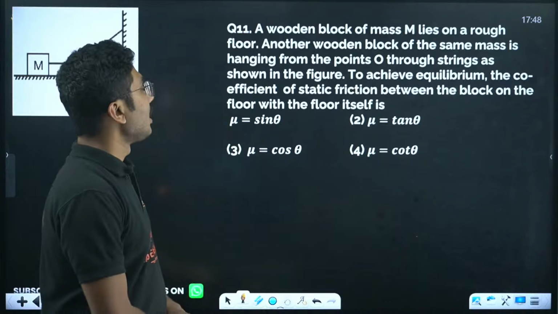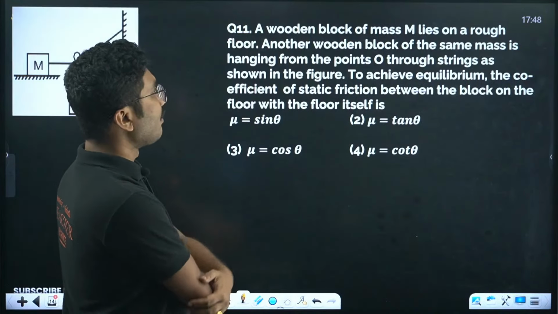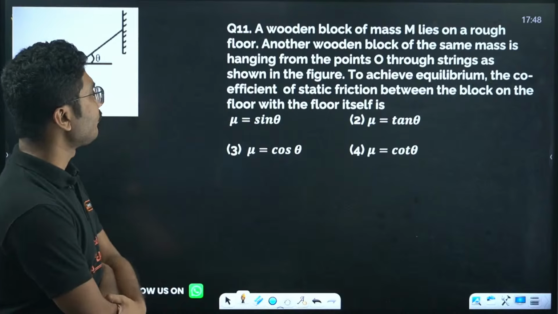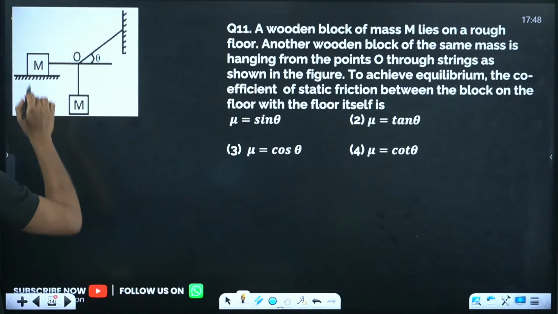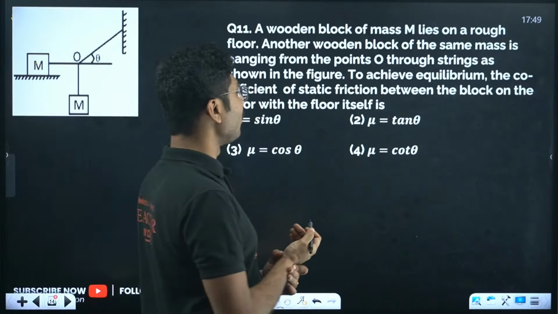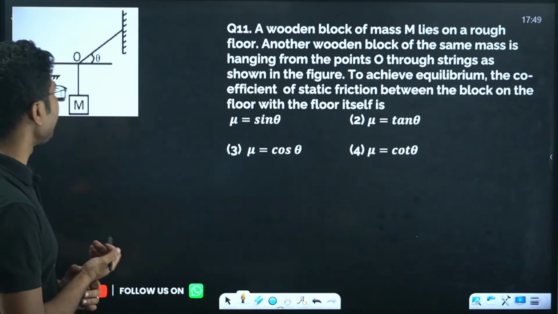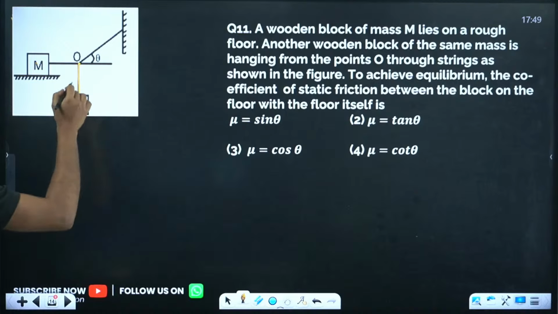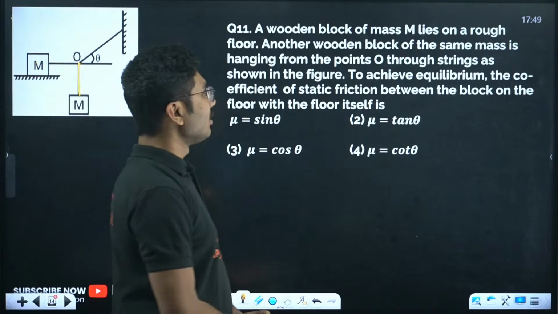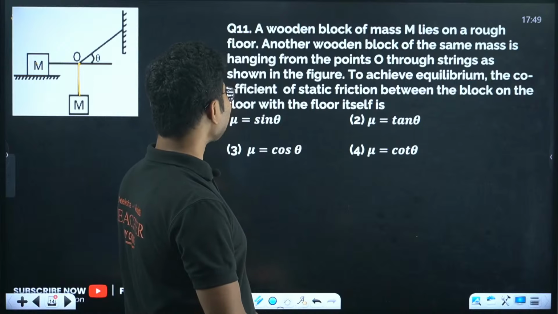That's it. A wooden block of mass m lies on a rough floor. Another wooden block of the same mass is hanging from the point O, through the strings as shown in the figure.